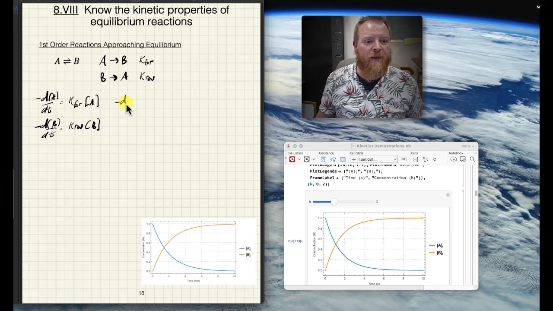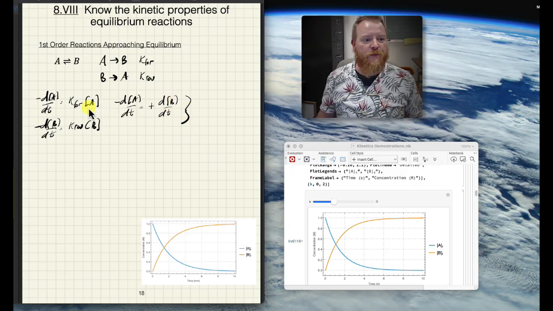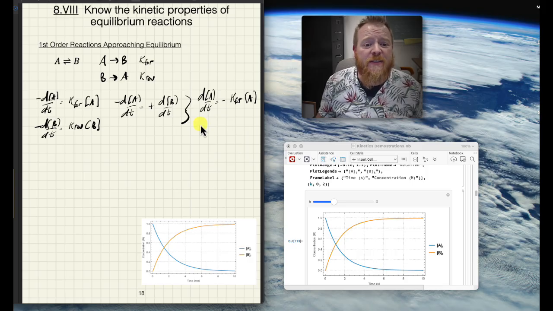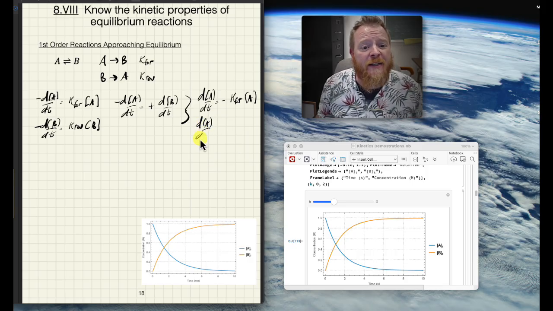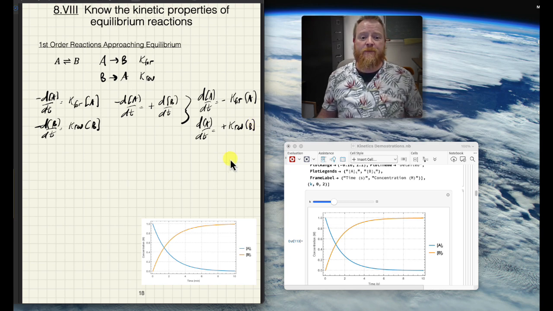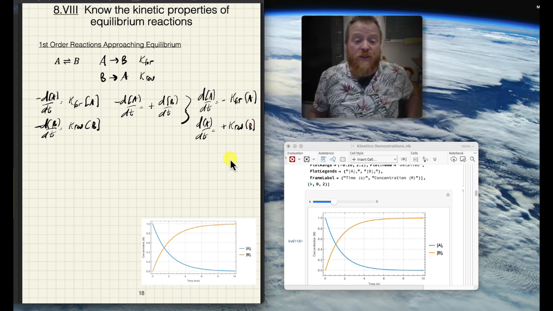And so remembering that negative dA by dt equals positive dB by dt, we can say then that dA by dt equals negative K forward times A. But then similarly, dA by dt will end up equaling positive K reverse times B. So these things will occur simultaneously.